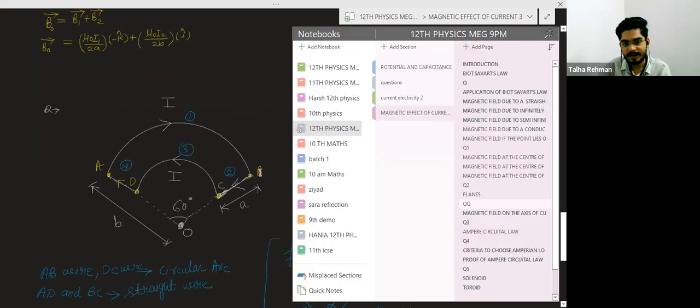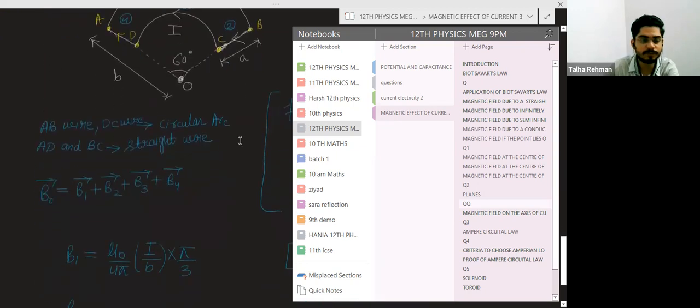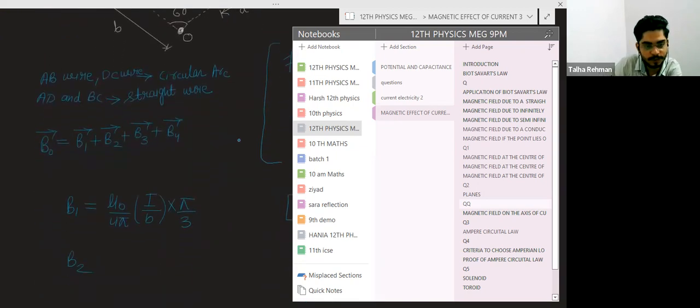You are calculating the magnetic field at a point which is on the axis of this wire. So due to this second wire, the magnetic field will be 0. So B2 is equal to 0.